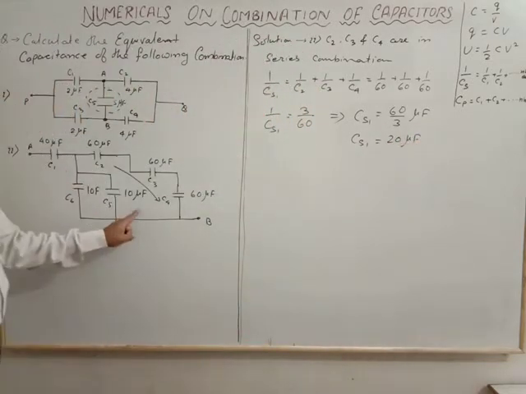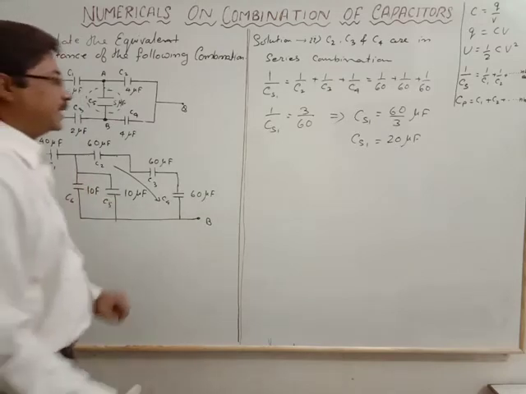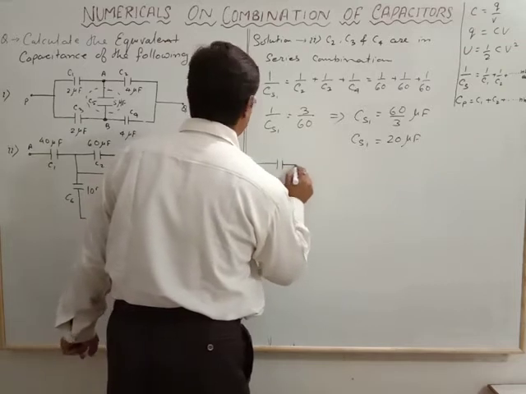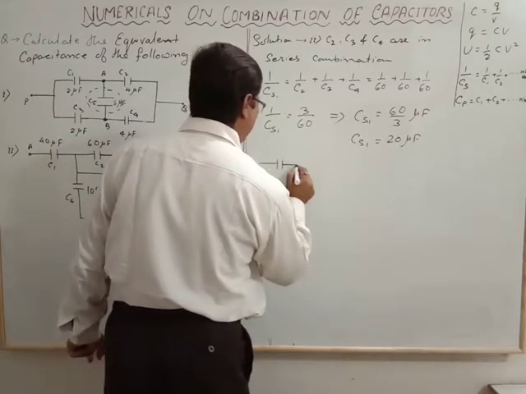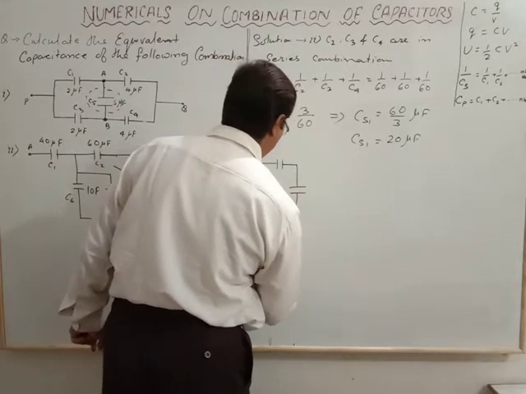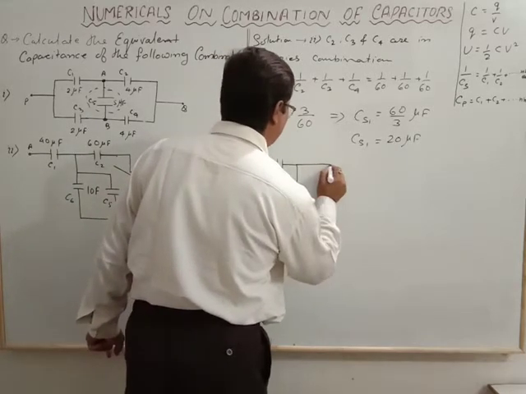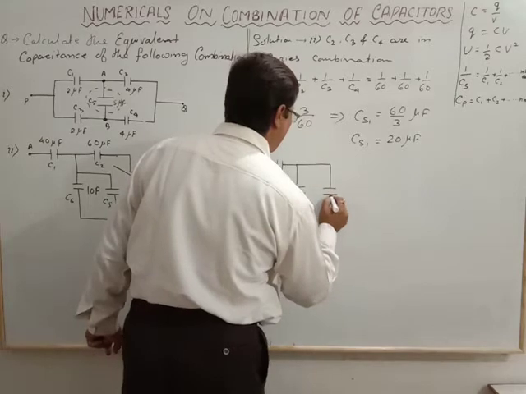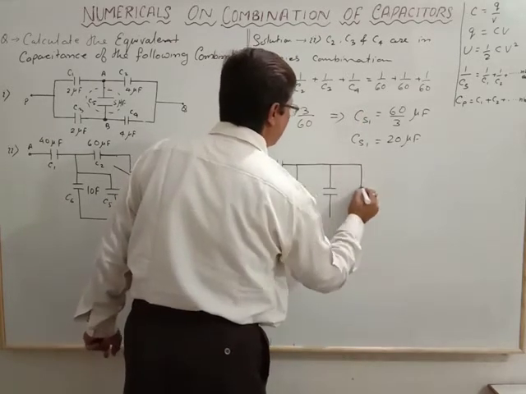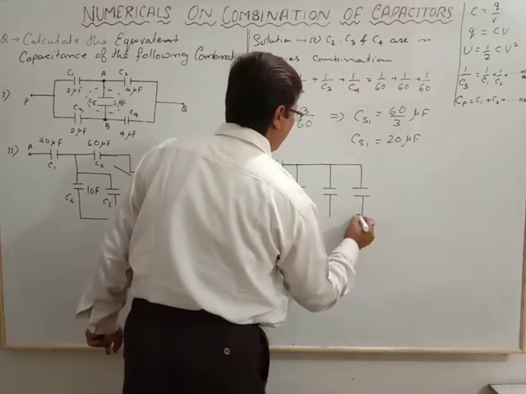Now the earlier arrangement looks like this: this is capacitor 1, and here is the terminal from which the three-capacitor arrangement comes. One is here, another capacitor is like this, and the series combination is also this way.